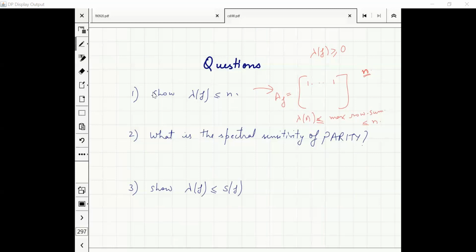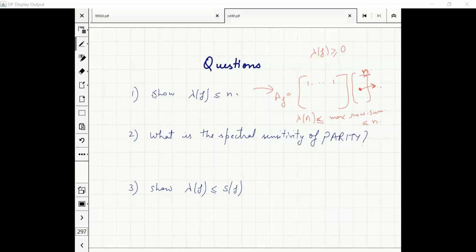That is something which you can easily figure out. Just look at the eigenvector, see where your maximum entry is. You will see that that maximum entry can't go more than the max row sum times the maximum. So I'm not going to give a complete proof of this. I'll leave it to you as an exercise. But is the statement clear?